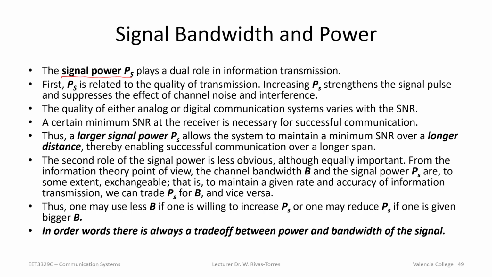So there's a direct relationship between the power level and the quality of the transmission. Increasing P_S strengthens the signal and suppresses the effect of the channel, noise, and interference. So going back to signal to noise ratio, the higher the signal to noise ratio, the better quality signal you have. It's really that simple.